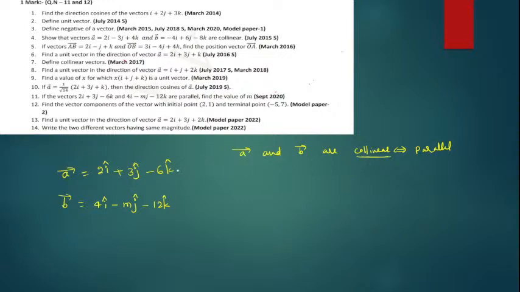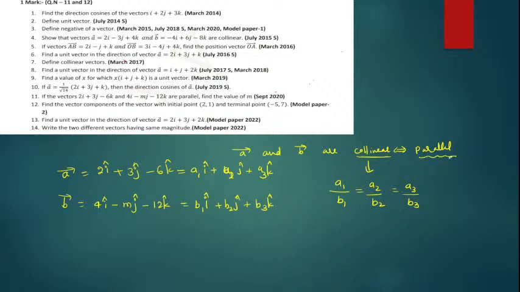If a given vector A is in the format A1 i cap plus A2 j cap plus A3 k cap, and another vector B is in the form B1 i cap plus B2 j cap plus B3 k cap, then the condition for collinearity is A1 by B1 is equal to A2 by B2 is equal to A3 by B3.